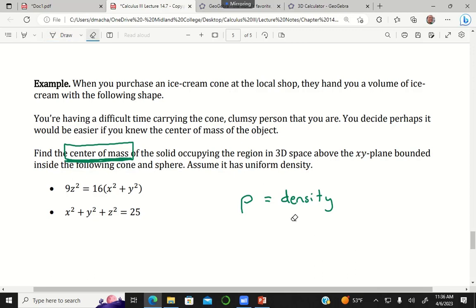Make sure you know what you're using rho for. And if you can avoid it, choose a different symbol for density than the kind of problem where we're doing this. In this problem, we're assuming uniform density, and so we're not even going to use rho to represent density. If it's uniform density, just pretend that the density is 1 everywhere. If you see the words uniform density, that just means density is 1 everywhere.